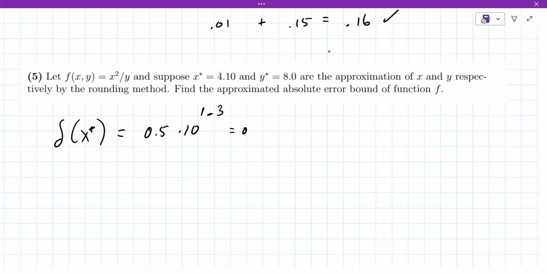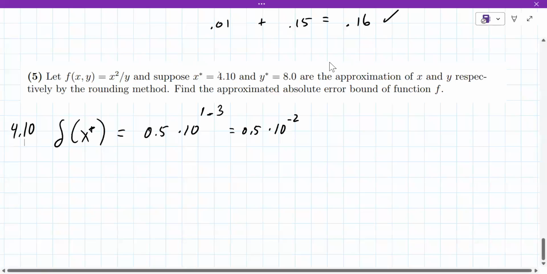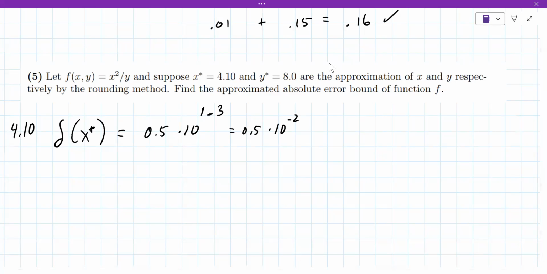So this is 0.5 times 10 to the minus 2. Wait, it's given, 0.5 times 10 to the 1 minus 3.